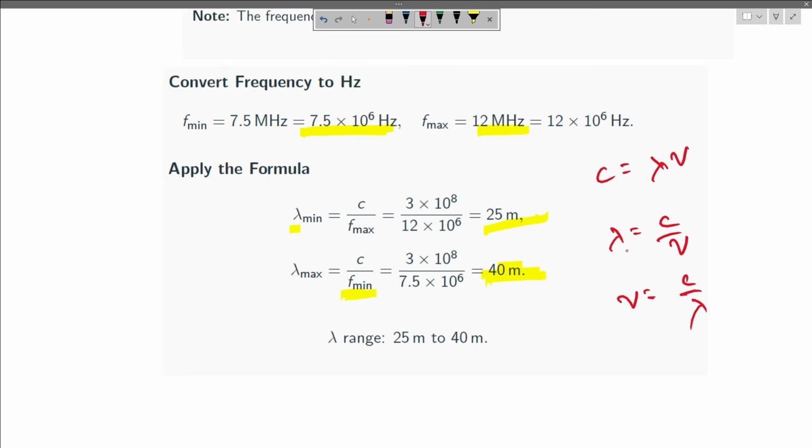So they both are inversely proportional. So if frequency is maximum, lambda is going to be minimum, and if frequency is minimum, then lambda is going to be maximum. So we come to the conclusion that the wavelength band is going to be 25 meter to 40 meter.